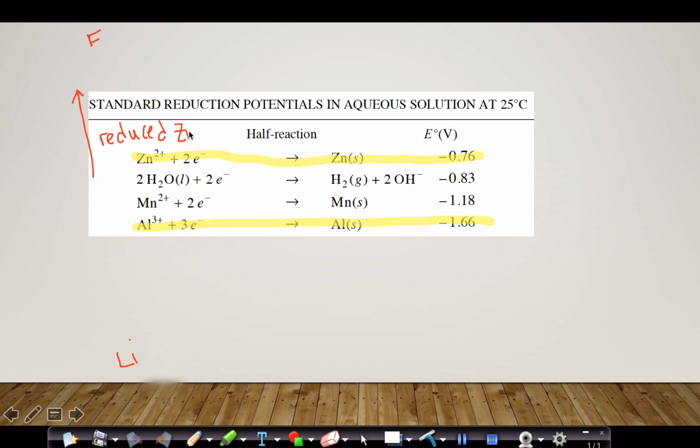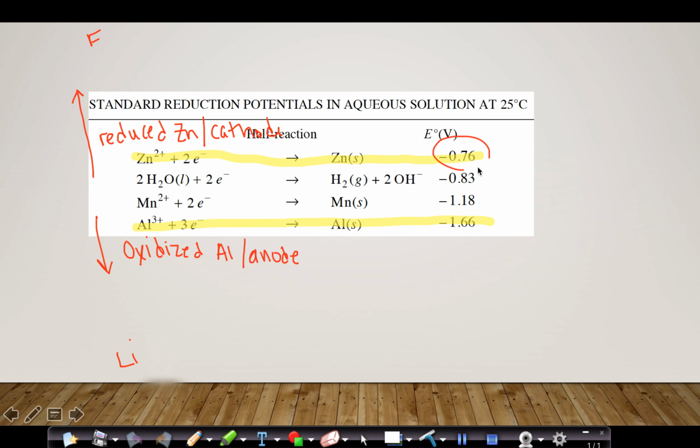That means that zinc will be our cathode. Aluminum, being closer to the bottom of the table, closer to lithium, will be the species that is most easily oxidized of the two, and that means that aluminum will be our anode for this reaction.